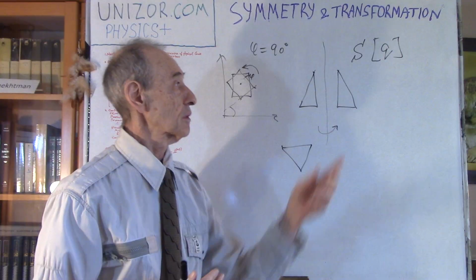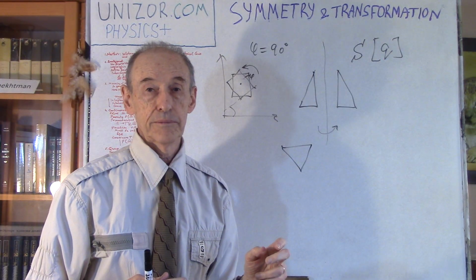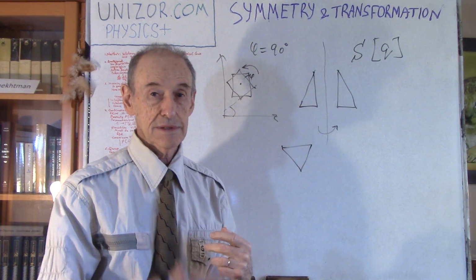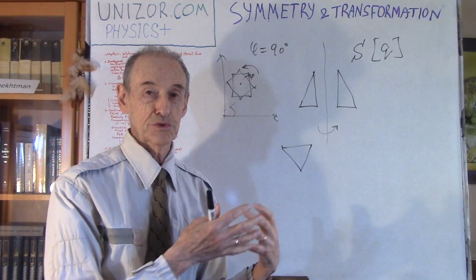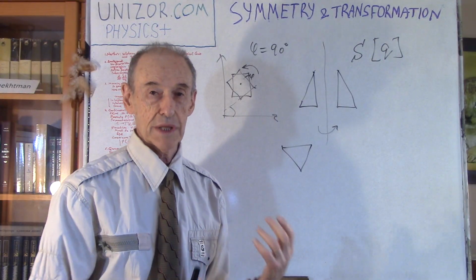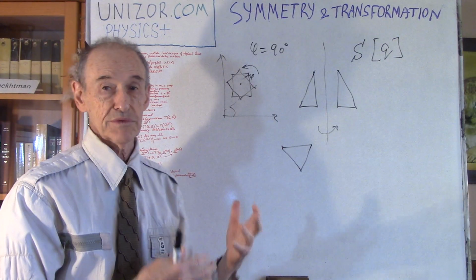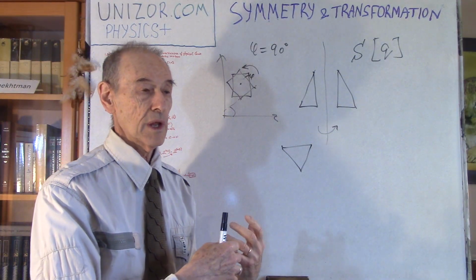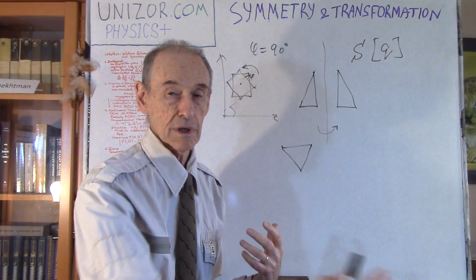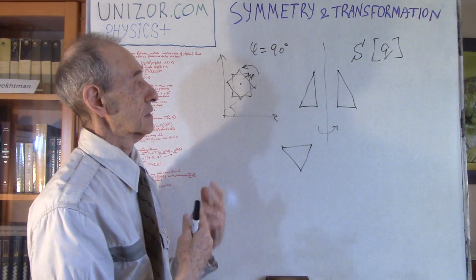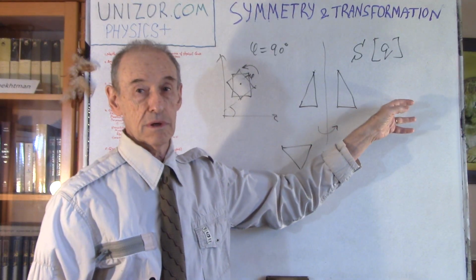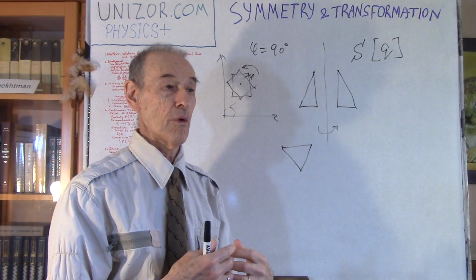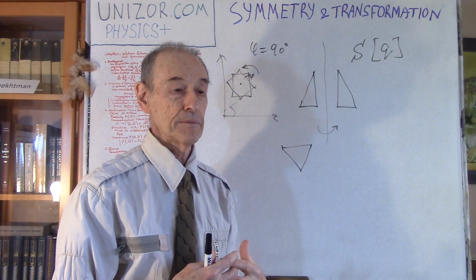So preservation of this particular action functional is something which we would like to analyze in Lagrangian mechanics using this concept of symmetry and transformation. So we will use the concept of transformation to reflect the motion of the mechanical system, and preservation of this particular action functional would be a symmetry, if you wish, or invariance, which we are looking for.